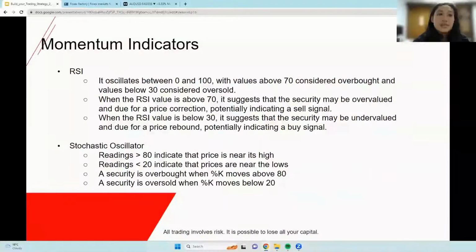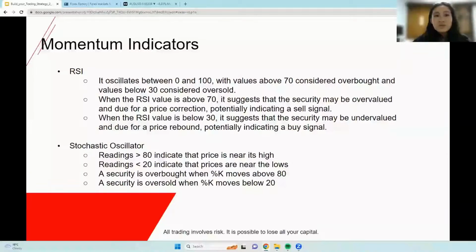Okay, next let's move on to a couple more momentum indicators. I also personally like to use these two. RSI, let's start with that. How it works is it oscillates between 0 and 100, with values above 70 considered overbought and values below 30 considered oversold.